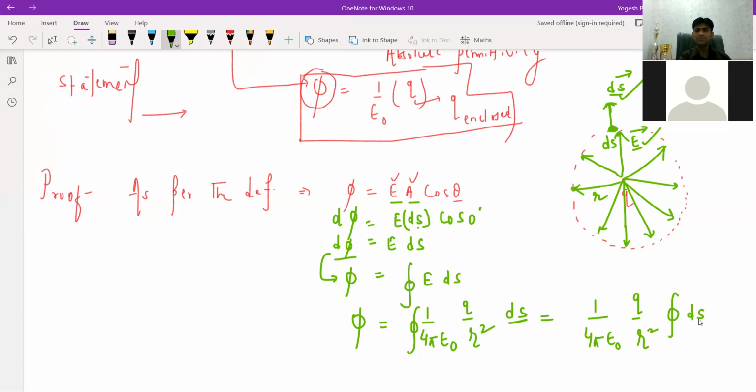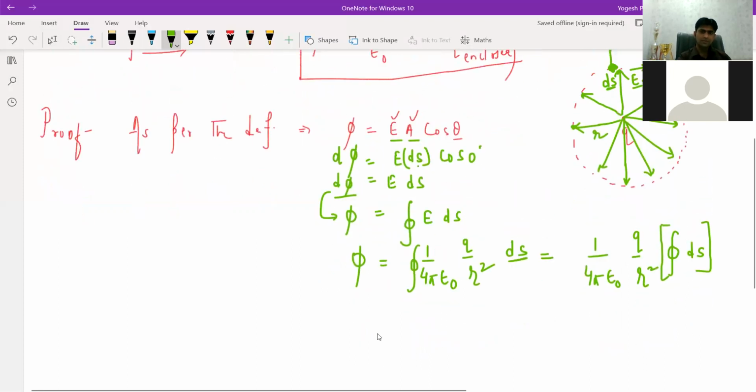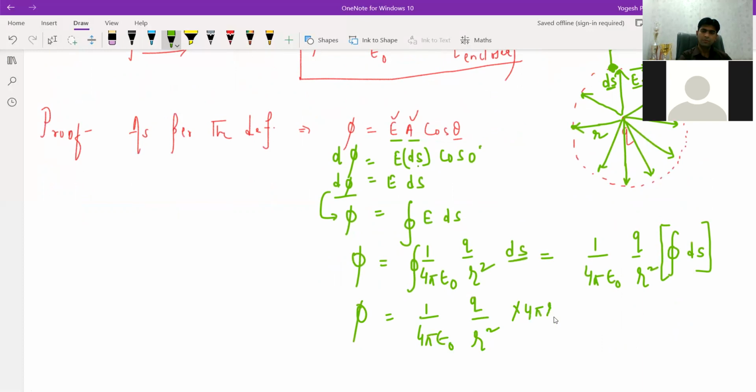Now, integral ds means the smallest parts of the surface area, and we are going to integrate this over the complete sphere. So integral ds is the surface area of the sphere, 4 pi r square. So phi is equal to 1 upon 4 pi epsilon naught q upon r square into 4 pi r square.